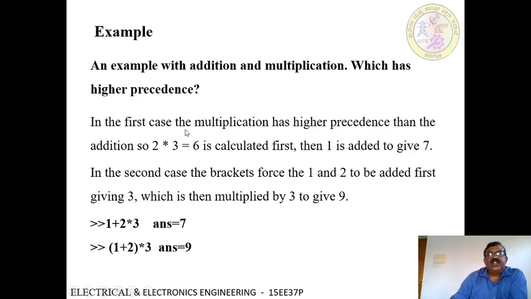Here, in the first case, the multiplication has higher precedence than the addition, so 2 into 3 is 6, calculated first. Then 1 is added to give 7. In the second case, the brackets force the 1 and 2 to be added first, giving 3, which is then multiplied by 3 to give 9.